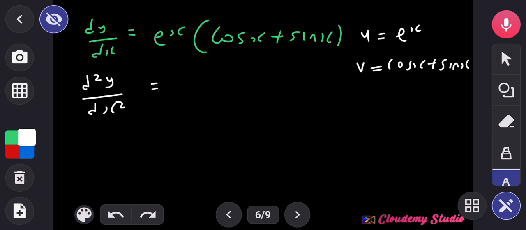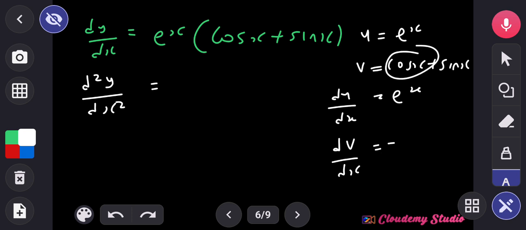which means du/dx will be equal to exponential x, and dv/dx will be equal to the differentiation of cos x, which gives us minus sin x, plus the differentiation of sin x, which gives us cos x, right? Which means in this case, I'm going to say v du.